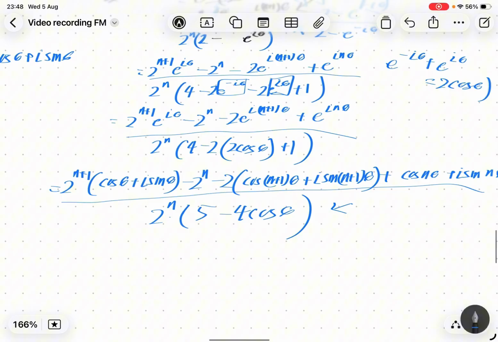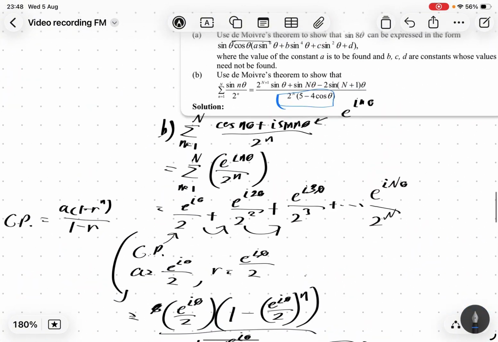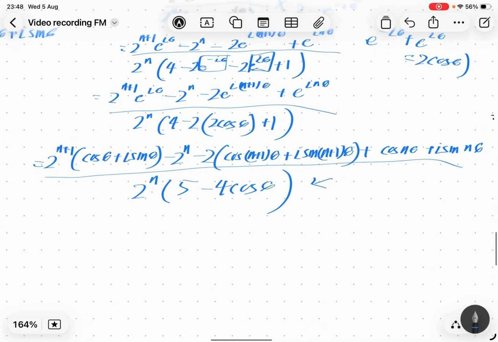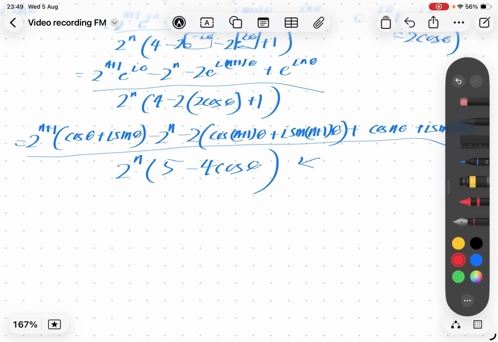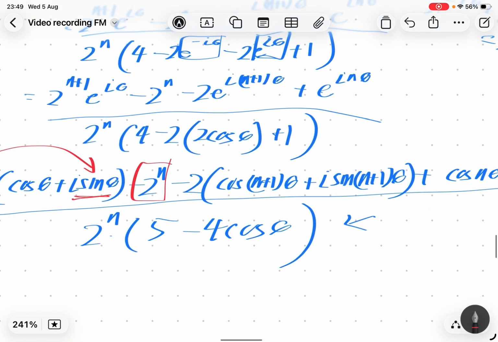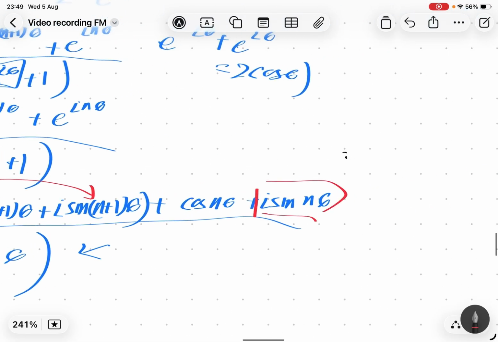Okay, now remember when I say that we just need the imaginary part for this. We just need the imaginary part of this whole expansion, right? Okay, and the imaginary part is the one that has the i. So instead of continue expanding, I can just take the ones with the i. So for example, I know that I need this. This one have no i, so I don't need. And then I need this, and I need this.